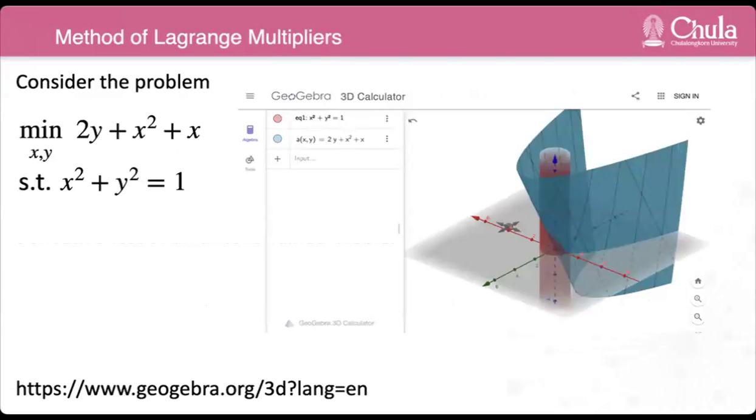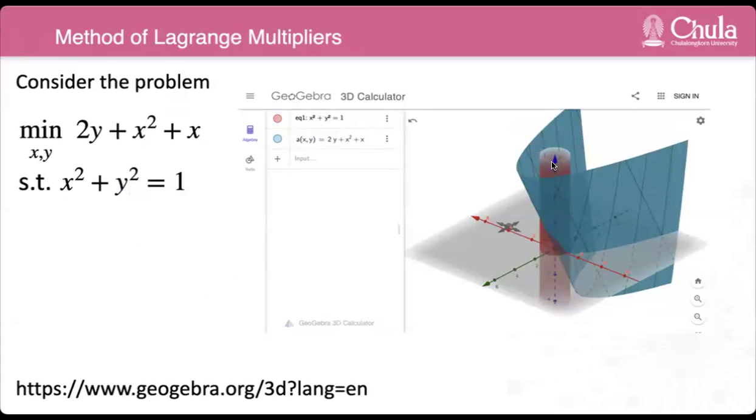Consider this problem. You minimize x1 plus x2 plus 2y. You can visualize it using GeoGebra. It looks like that. And the constraint is x squared plus y squared equals 1.